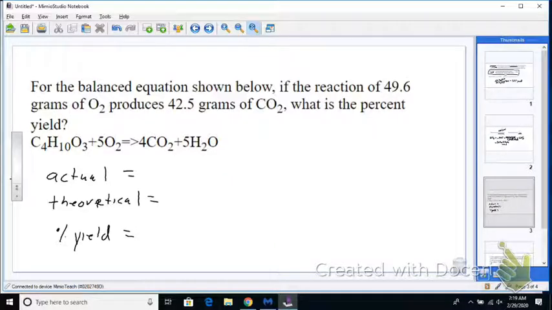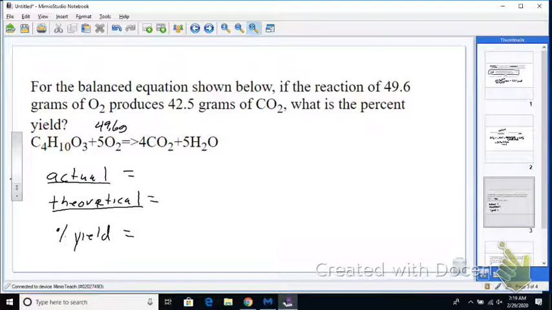It says, for the balanced equation below, the reaction of 49.6 grams of oxygen. That's not a product, so that's not any of our yield. The actual and the theoretical have to be a product, and that's not a product.